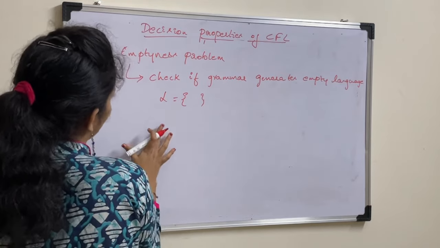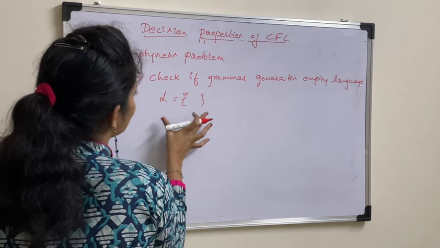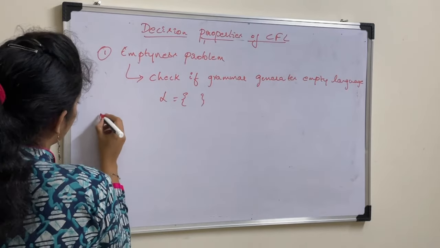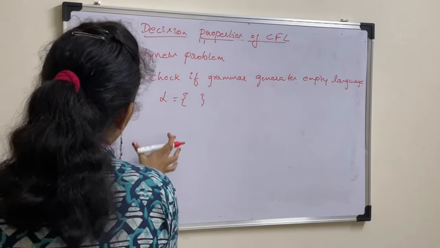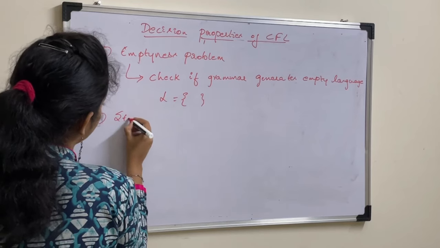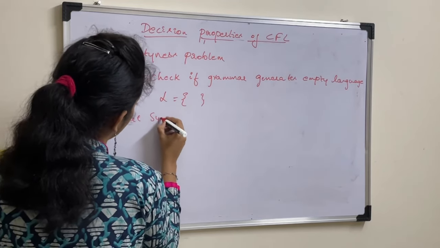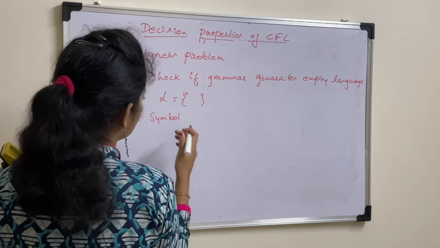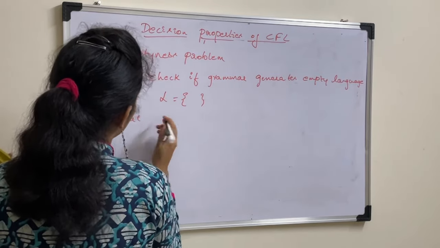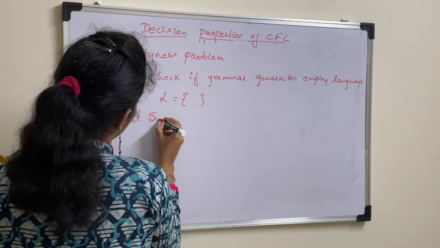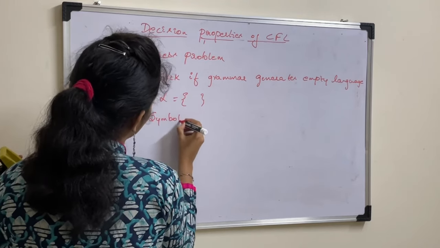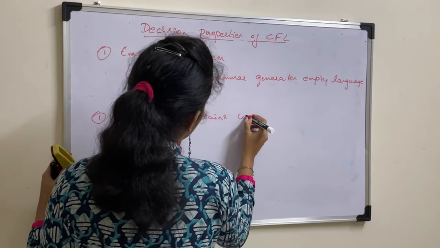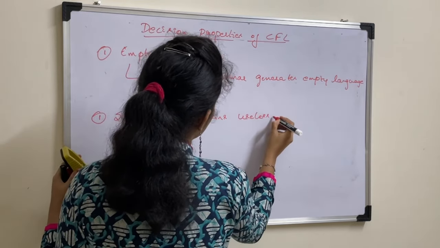You need to check whether the given grammar generates this empty language, and the step involved is to check whether the start symbol or start production contains useless symbols.